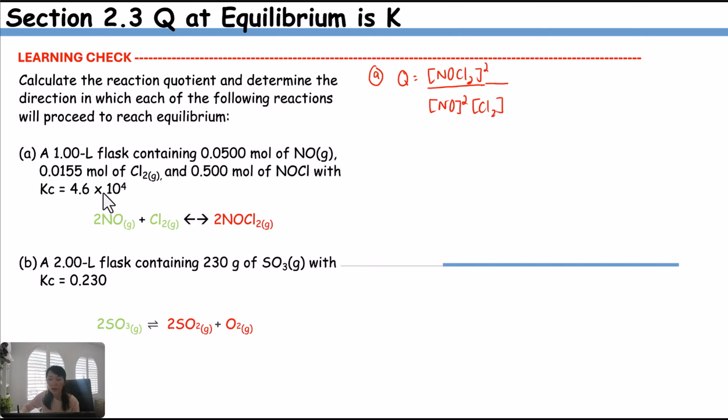The thing is, all of the values that go in here must be expressed in molarity, not moles. So we do need to find molarities for every one of these, and it's actually fairly easy. Oh, I forgot, there's a typo here, the Cl2 should be gone.